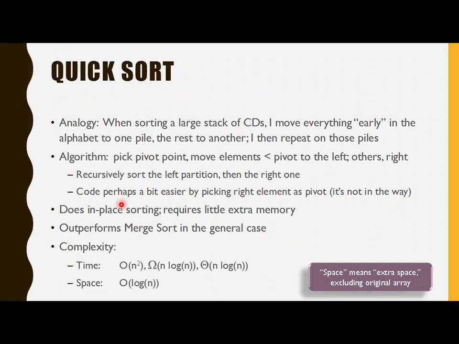But one thing that I really would do, in fact, one thing that I really do is if I have a bunch of CDs that are out of order, the first thing I do is do a very loose sorting where I just take everything that comes early in the alphabet and push it into one pile, and everything that comes later in the alphabet and push it to a different pile. That way, I've done this rough sort, and now I can go to that first pile and do the same thing, but now I pick a middle that's sort of a fourth of the way through the alphabet.